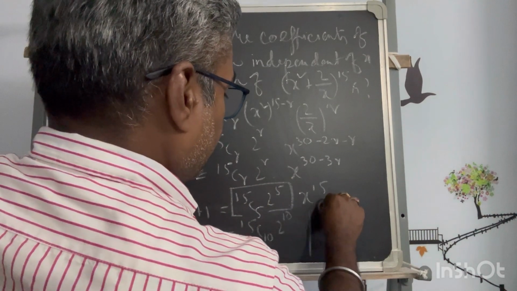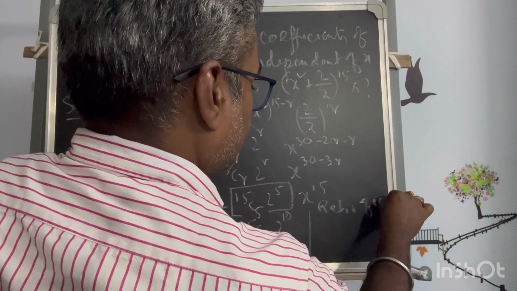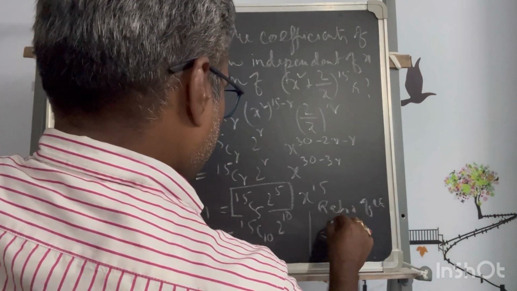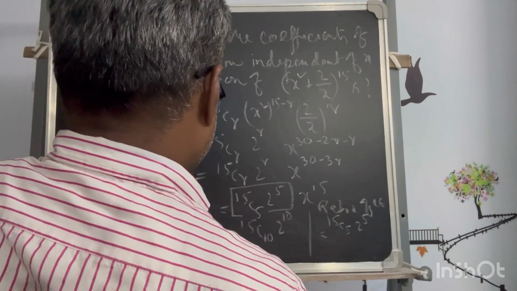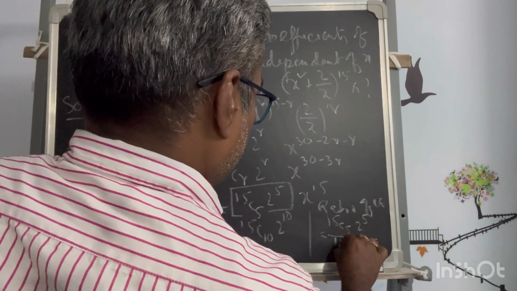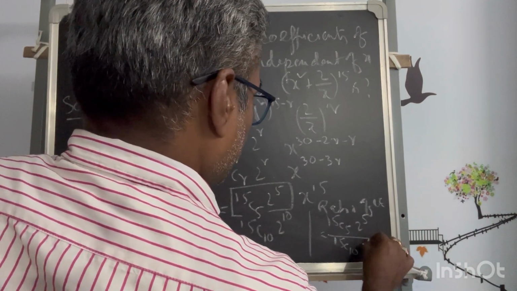So the ratio of coefficients is 15C5 · 2^5 divided by 15C10 · 2^10.